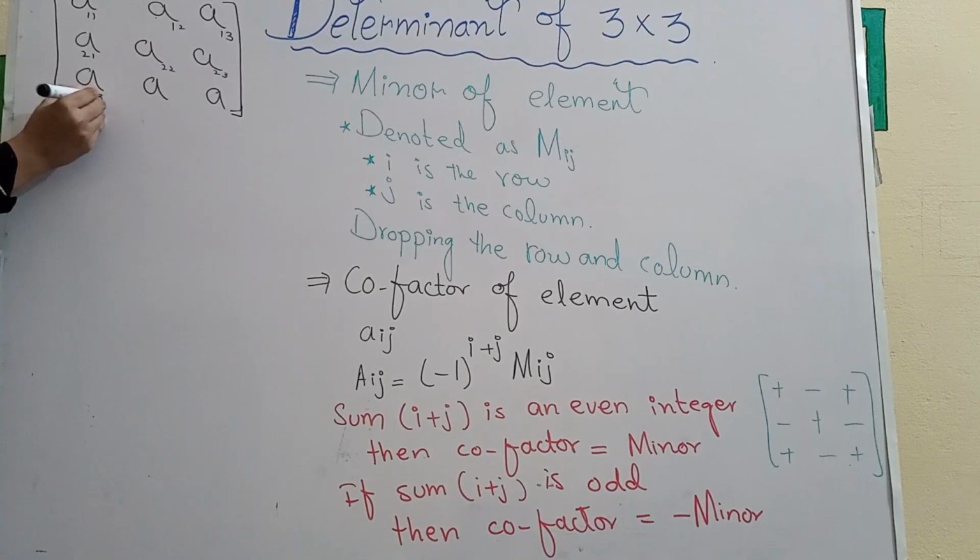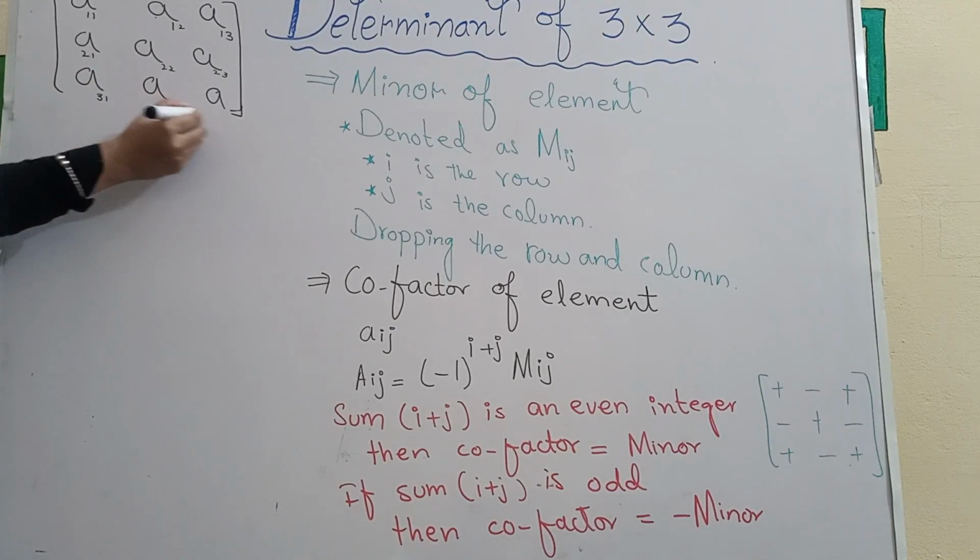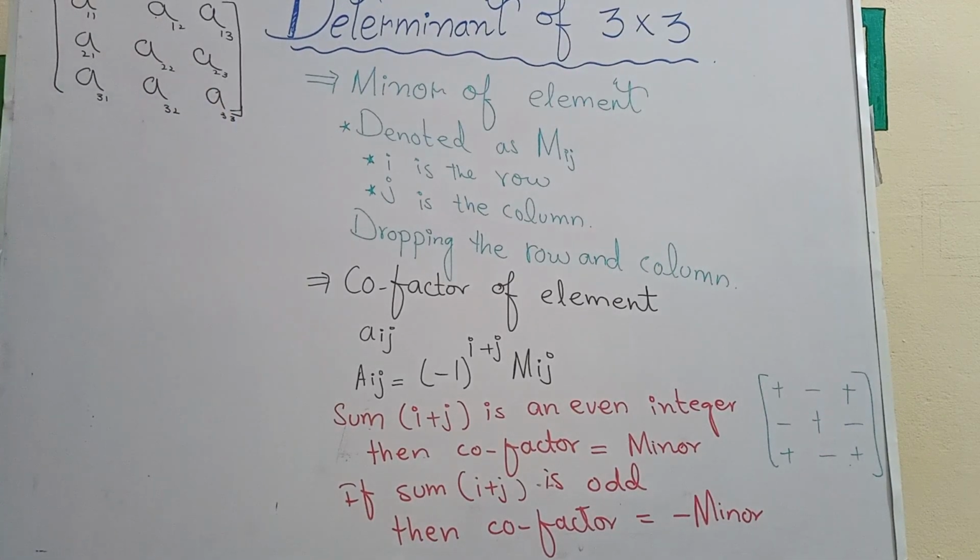Then we have third row first column, third row second column, third row third column. Here the first number represents the row and the second number represents the column. So this is how a 3 cross 3 matrix can be written generically.